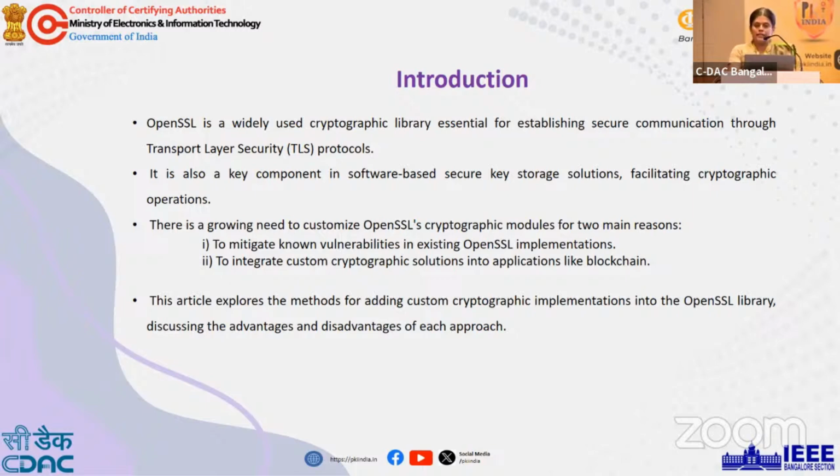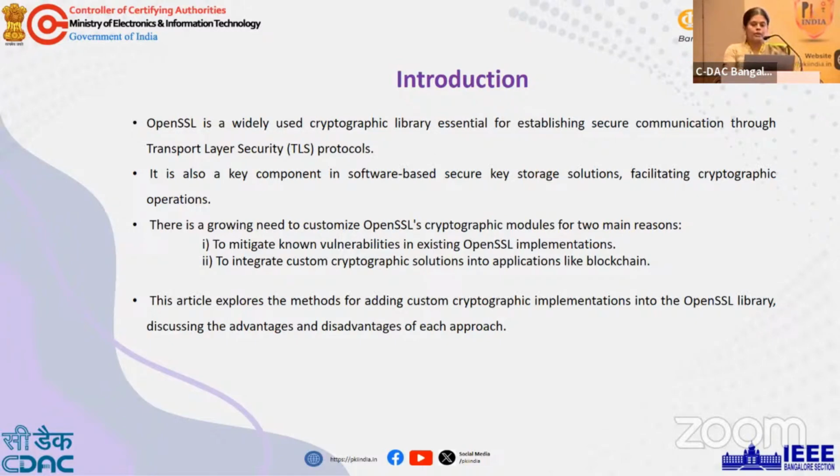In this regard, there is a growing need to customize the OpenSSL cryptographic modules for two main reasons that we have identified. One is to mitigate the known vulnerabilities that exist in the OpenSSL implementation. On the next slide, we will showcase the prominent attacks that have happened on the OpenSSL crypto implementation.